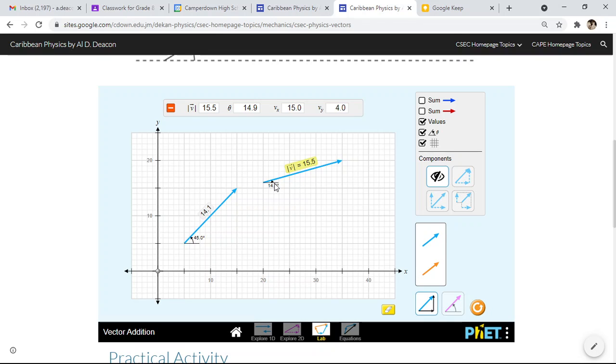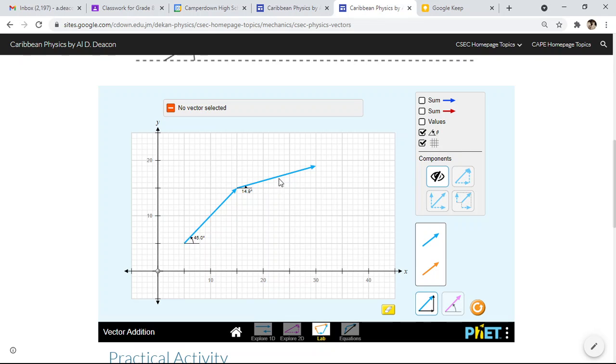What I'm going to use first is the parallelogram method, right? If I add this vector and this vector, for the 14.1 vector I would identify the head, and the head is right here. And I'll take the tail of the 15.5 vector and put it at the head of the 14.1 vector. Good? Now I am basically looking like this.